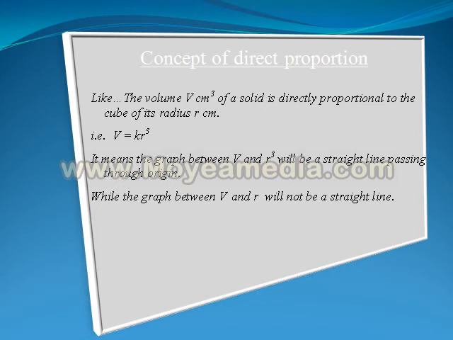And here again, if you draw the graph between V and r cube, you will come up with a straight line passing through the origin. But if you draw the graph between V and r, that is not going to be a straight line. So these two examples are of other forms of direct proportion.